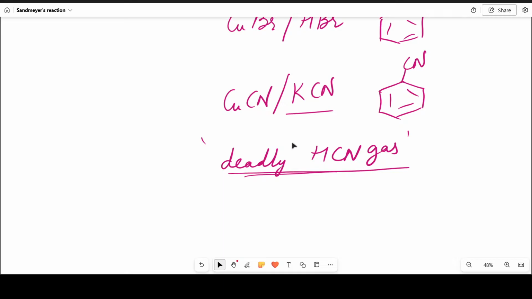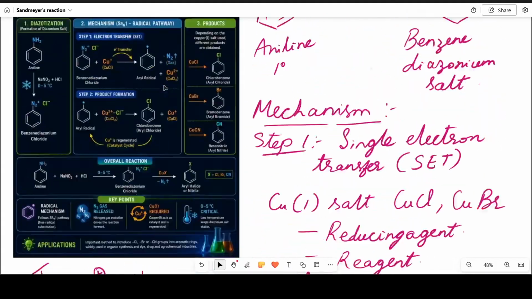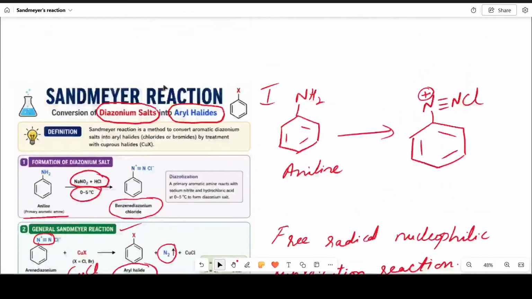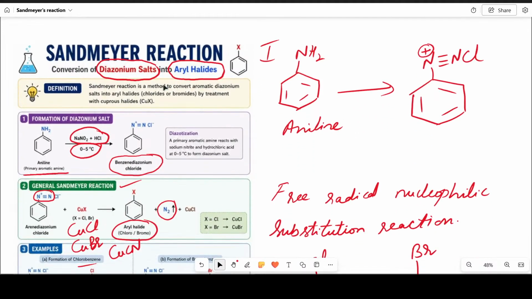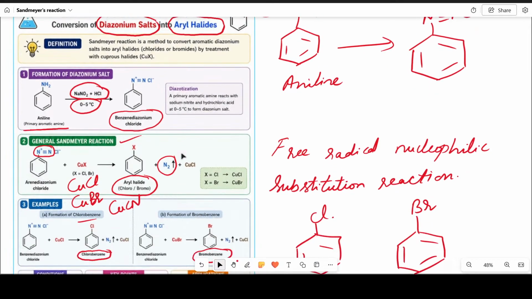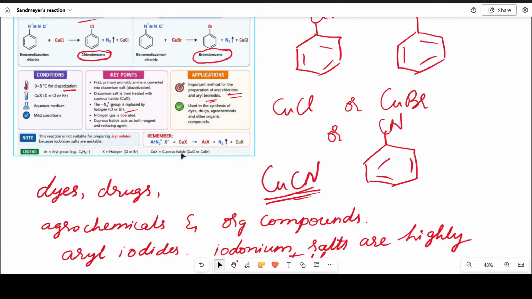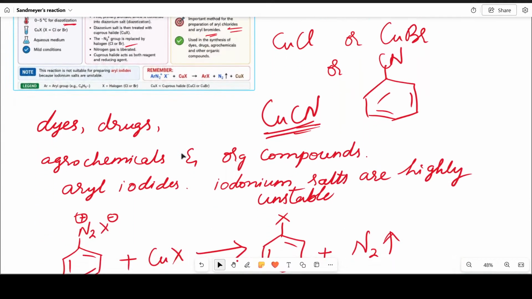You can quickly go through what we learned. This was from the previous live stream: conversion of diazonium salt into aryl halide, and applications.